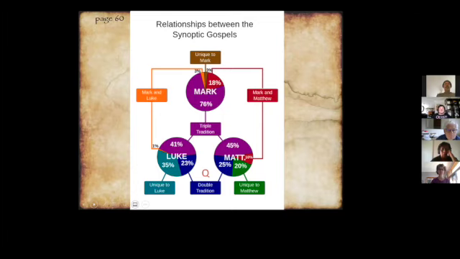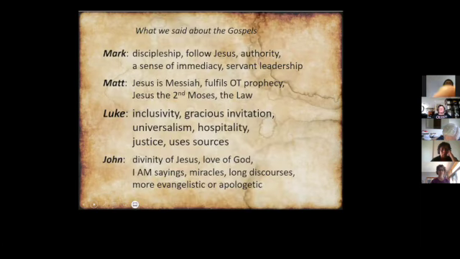And the double tradition or Q tradition, you can see that 23% in Luke and 25% in Matthew. And then 20% of Matthew's gospel is unique to Matthew, and 35% of Luke's gospel is unique to Luke. That's just a reminder as we come into today.